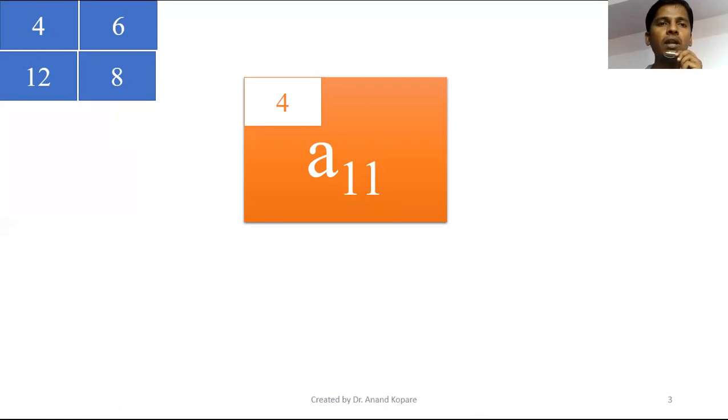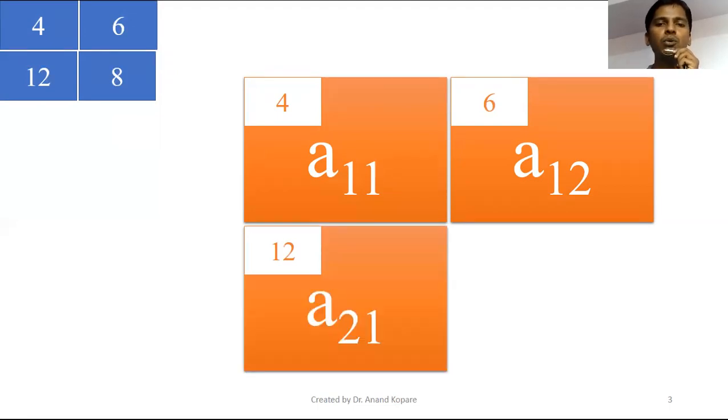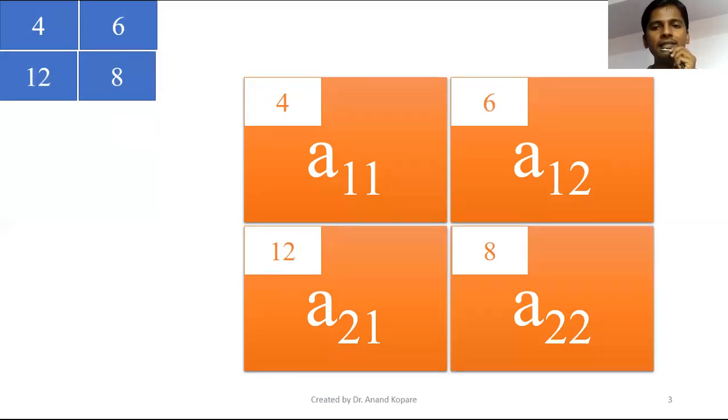Whichever value falls under the second quadrant, we should call A12. Whichever value falls under the third quadrant, we should call A21. And for the last quadrant, whichever value falls under it, we should call A22.